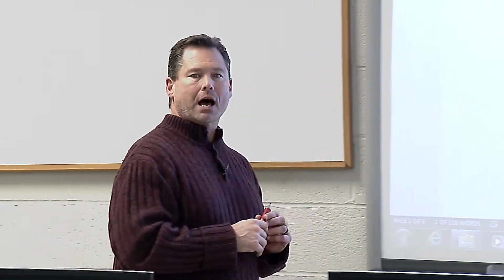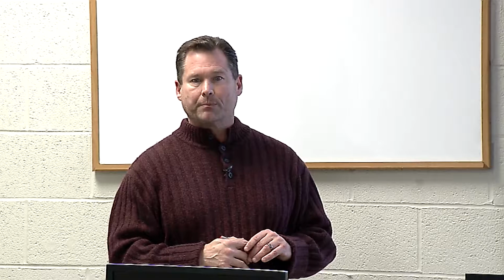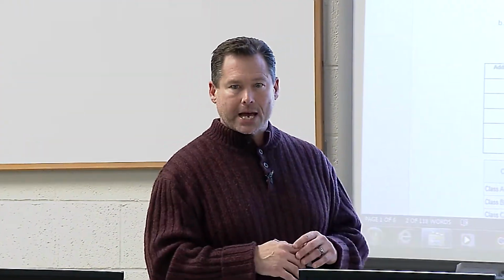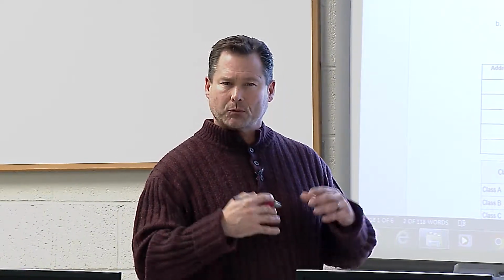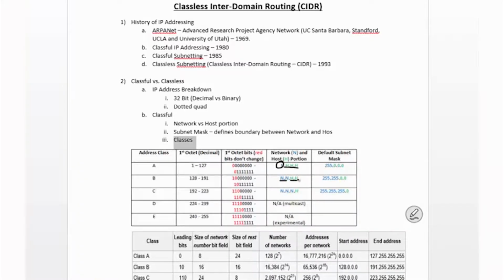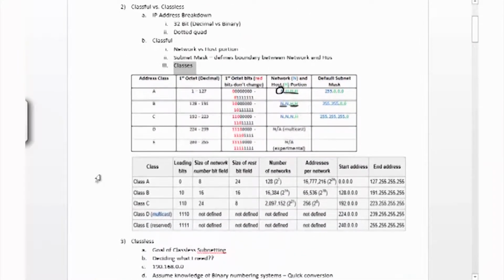And what we realized as this evolved and blew up and we started to develop internal networks, in addition to the internet, is that we needed to use these address spaces more efficiently. Because if you look down here, a Class A address allows for 16,777,216 possible host addresses.